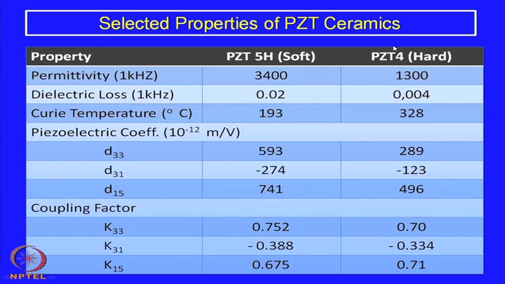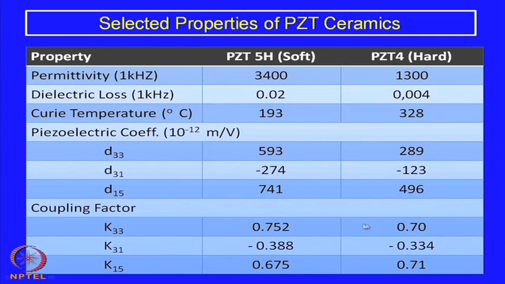So, this group of material or this particular standard is used for one certain application, and this has different applications. Okay. So, 741 and 496. Coupling factor, that is the energy conversion ratio, is fairly high, one can say 0.75, 75%, and this is 70%.